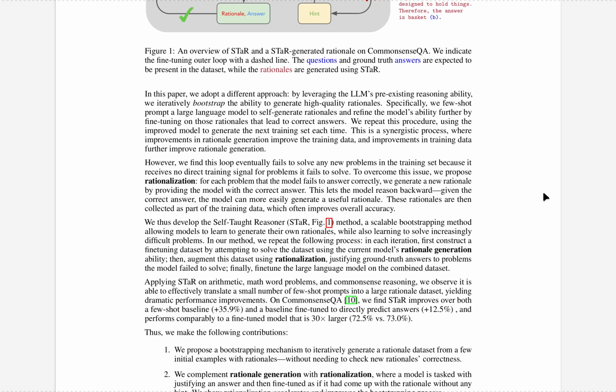We repeat this procedure using the improved model to generate the next training set each time. This is a synergistic process where improvements in rationale generation improve training data, and improvements in training data further improve rationale generation. I like this idea of the LLM improving itself.